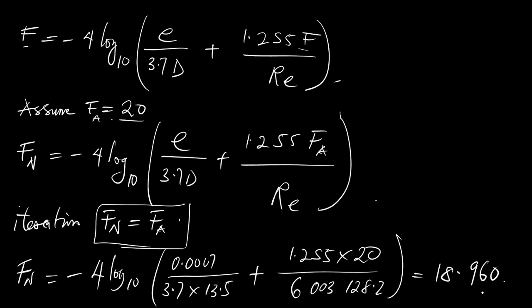So when you look at it, 18.960 is not equal to 20. So we're going to do another iteration. We're going to assume the next value of F subscript A will now be 18.960.